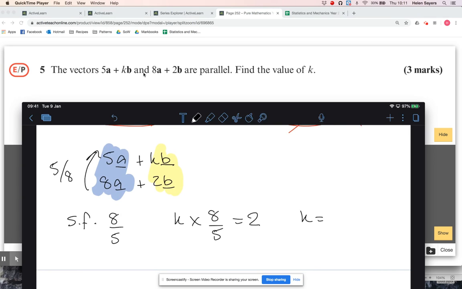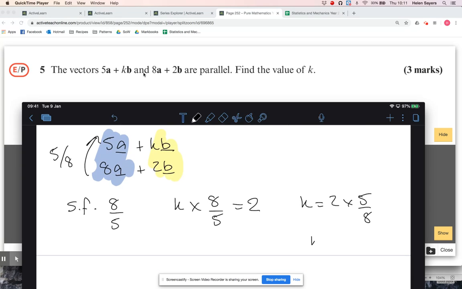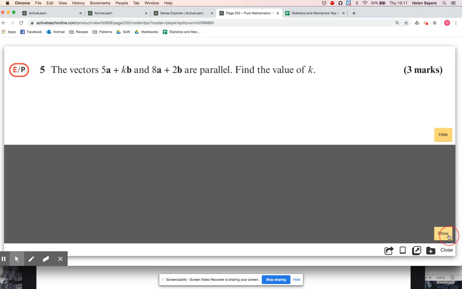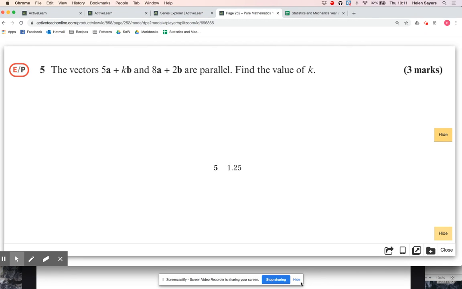So k, I'm going to multiply by the 5 and divide by the 8, so I get k is 10/8 or 5/4. So we'll just quickly check that. Yeah, 1.25, that's the equivalent.